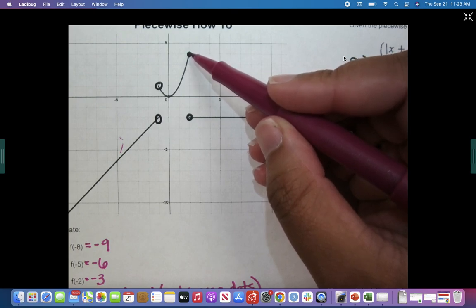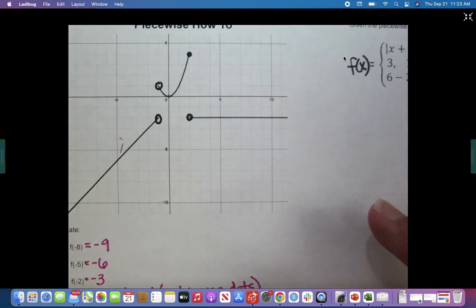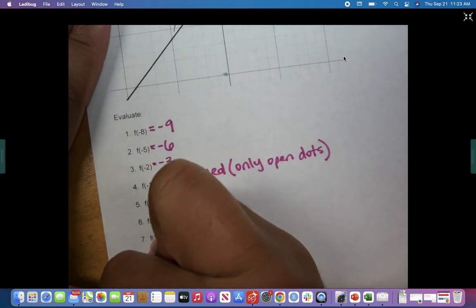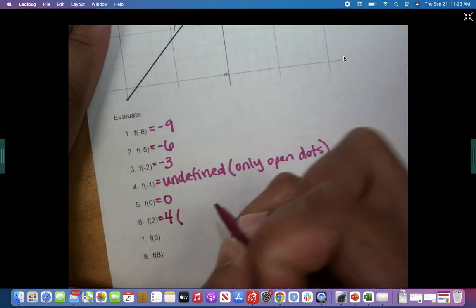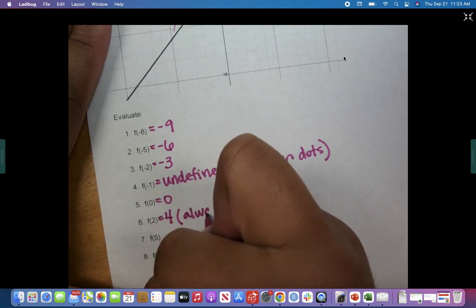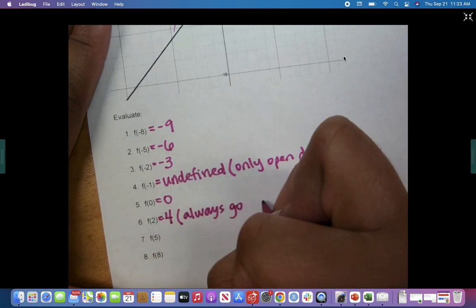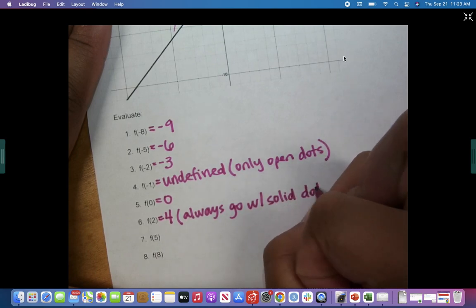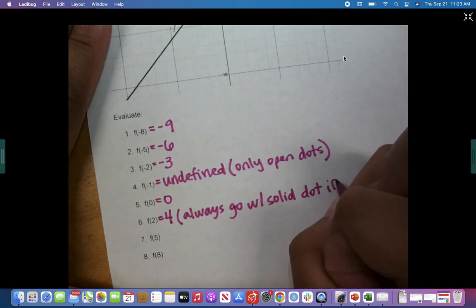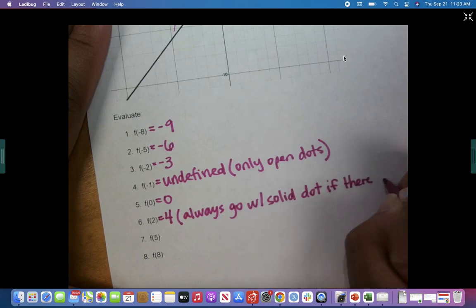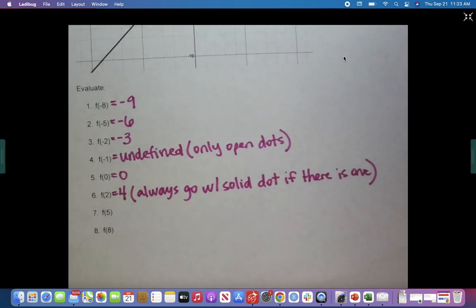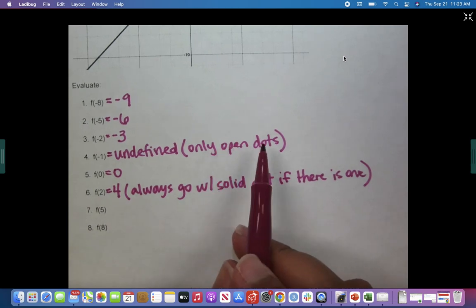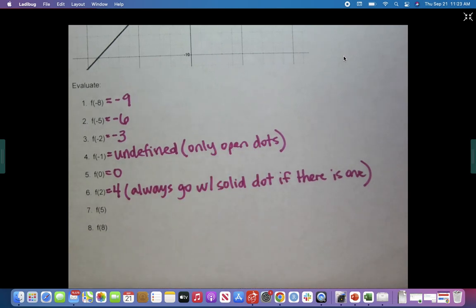You always go with the solid dot if you have one. If there is no solid dot and they are only open, then it's going to be undefined.